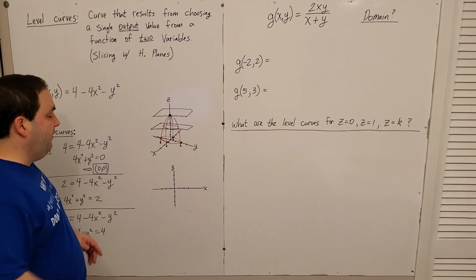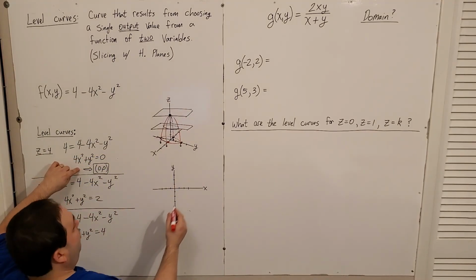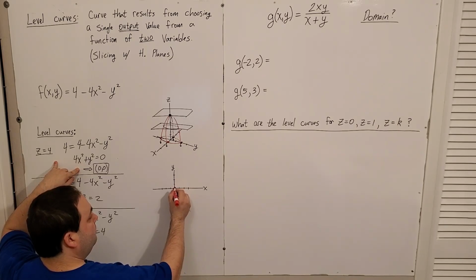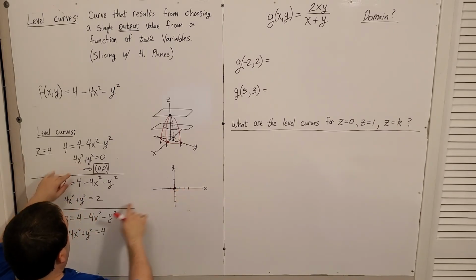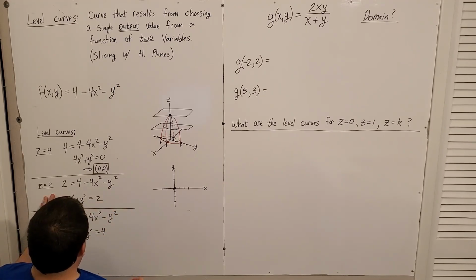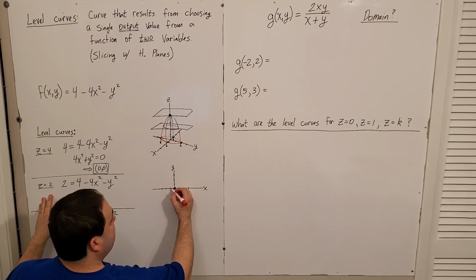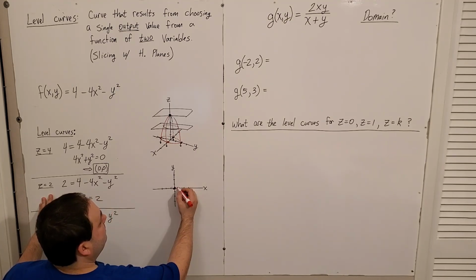And if I graph all of these ellipses, I would start with the point 0, 0, that would be here. Next, 4x squared plus y squared equals 2. My x would be the square root of a half, which is like 0.7, which is here and here.